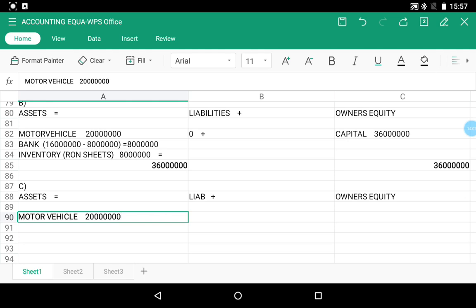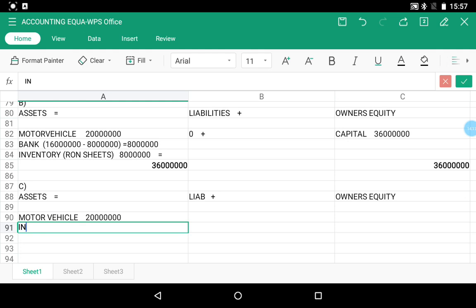When you check up, we have inventory, 8 million. Then after inventory, we are going to put our computers.